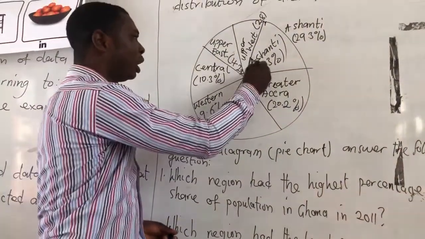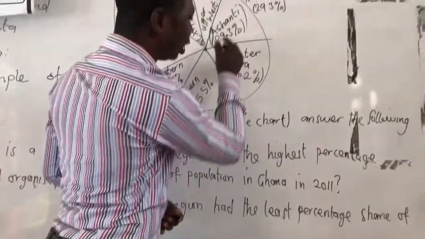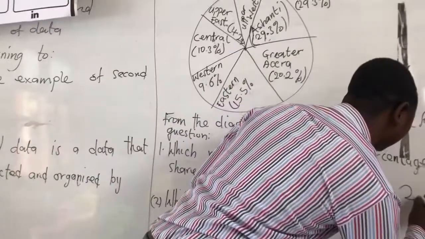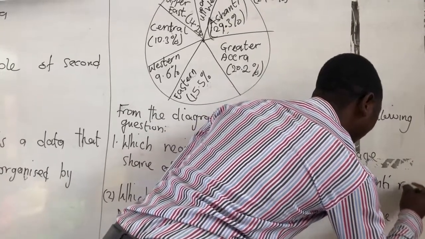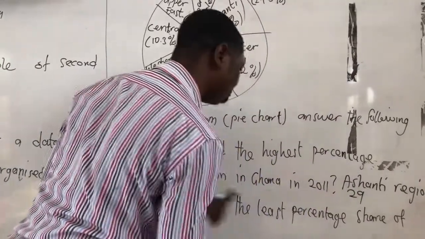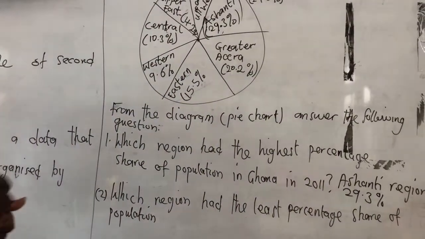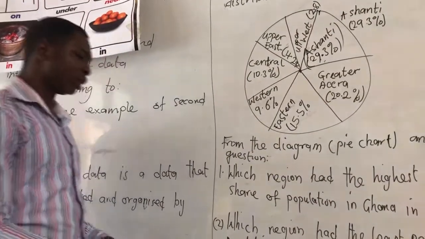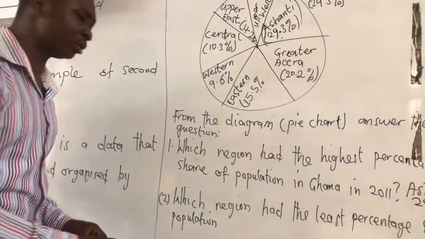So the answer is Ashanti region, with the percentage 29.3%.